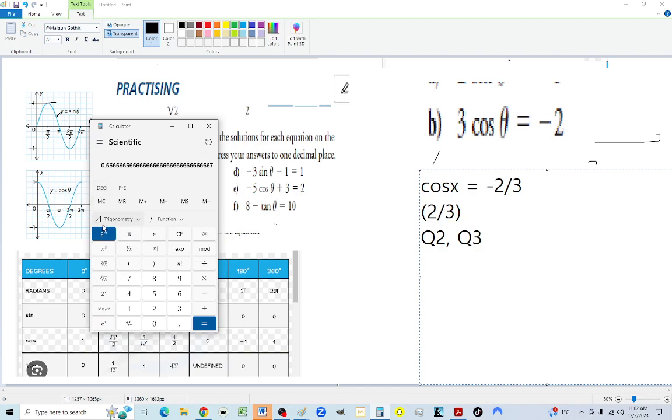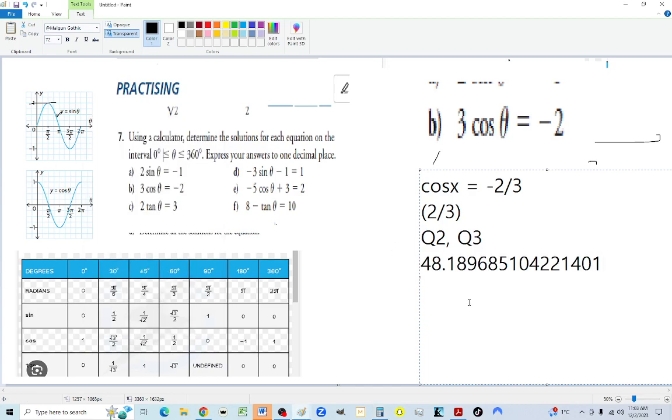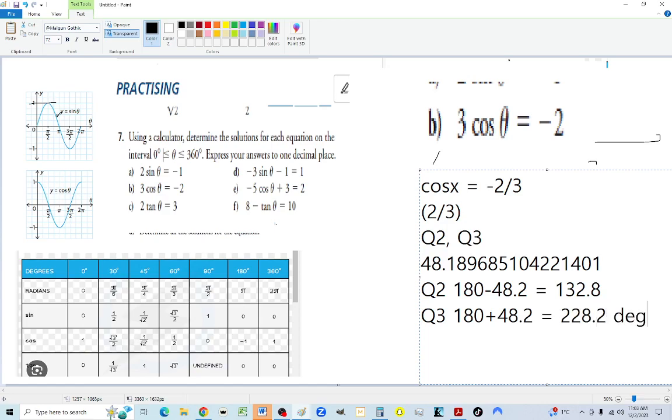So I'm going to take arc cosine, and I'm going to get this many degrees. That's the acute angle, which means in quadrant 2, we're talking 180 minus that. Let's call it this, which is 132.8. And in quadrant 3, we're talking about 180 plus that, which is equal to 228.2 degrees.